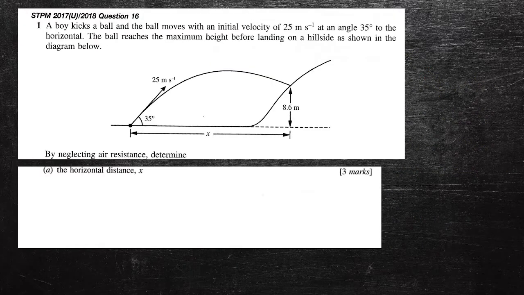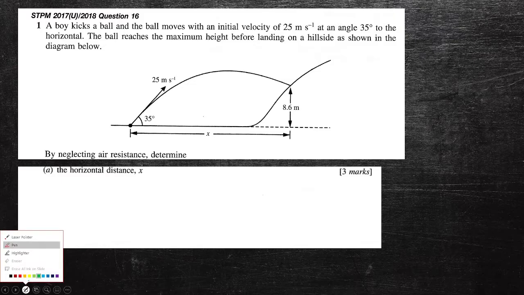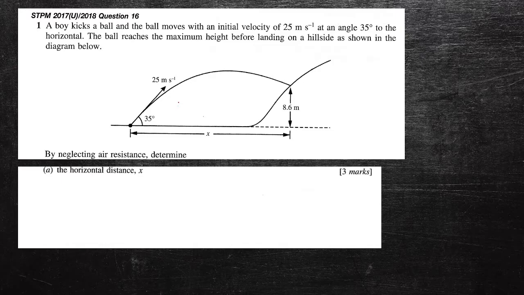Okay, for the next question, we have a past year question, that is 2017 STPM question number 16. A boy kicks a ball, and the ball moves with initial velocity 25 meter per second at angle 35 degrees to the horizontal. The ball reached the maximum height before landing on the slide as shown in the diagram below. By neglecting the air resistance, determine the horizontal distance.